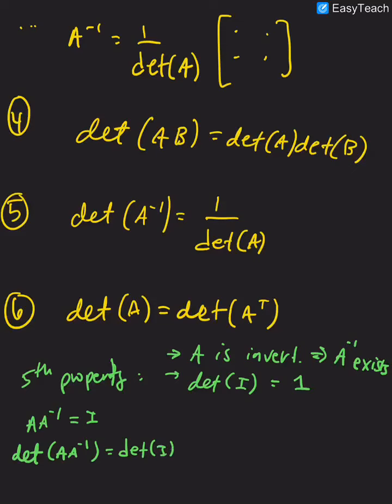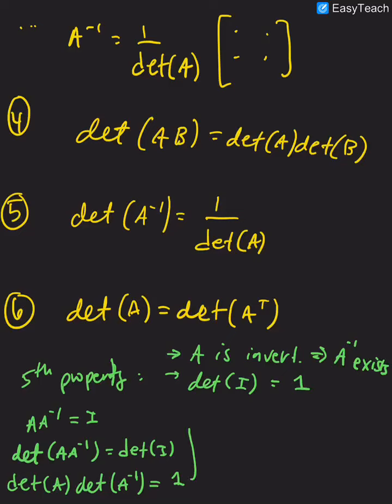Now we're going to apply the fourth property here. We're going to say that the determinant of A multiplied by the determinant of A inverse is equal to 1, because again, the determinant of the identity matrix is equal to 1.